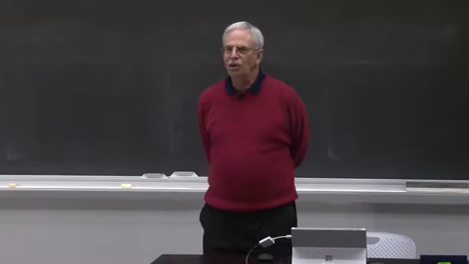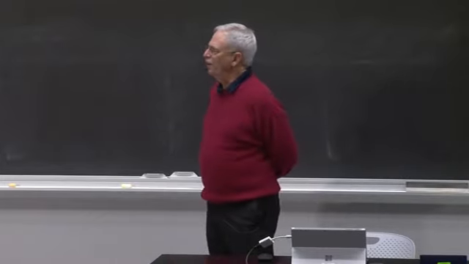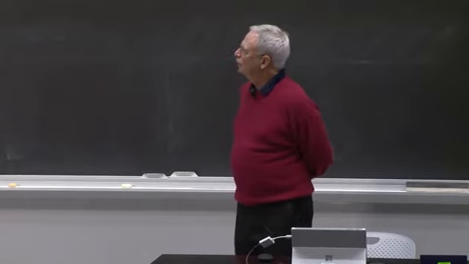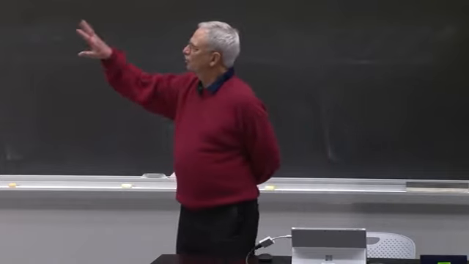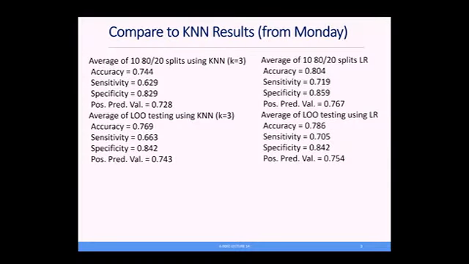All right. I want to pick up where we left off on Monday. So you may recall that we were comparing results of KNN and logistic regression on our Titanic data. And we had this up using 10, 80, 20 splits for KNN equals 3 and logistic regression with p equals 0.5.